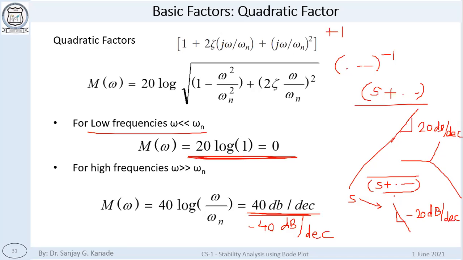If it is in the denominator, slope is negative. And if there are 2 such factors, then the total contribution would be 40. Simply addition. We are just going to add them at the end.